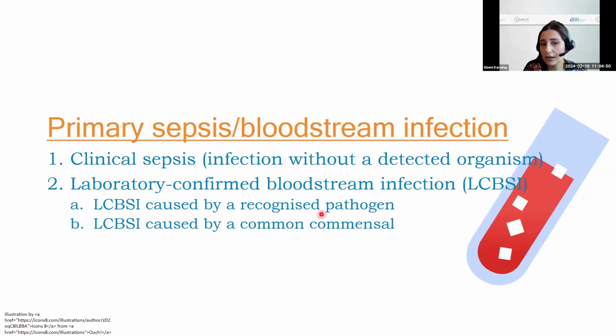It can be either a clear pathogen or a common commensal that usually doesn't cause infections in humans, but for vulnerable patient groups like neonates, with most probably a lot of devices, they might cause infection. So we have slightly different definition criteria for this event.